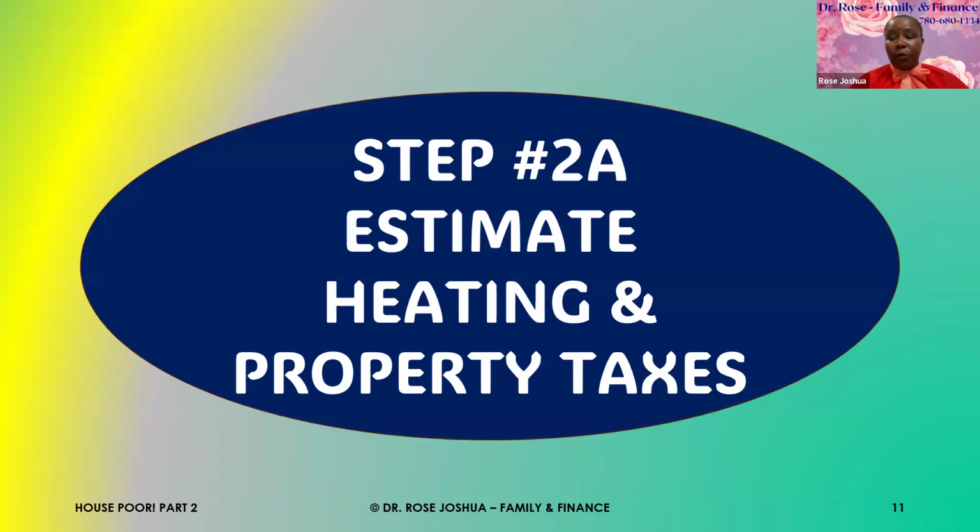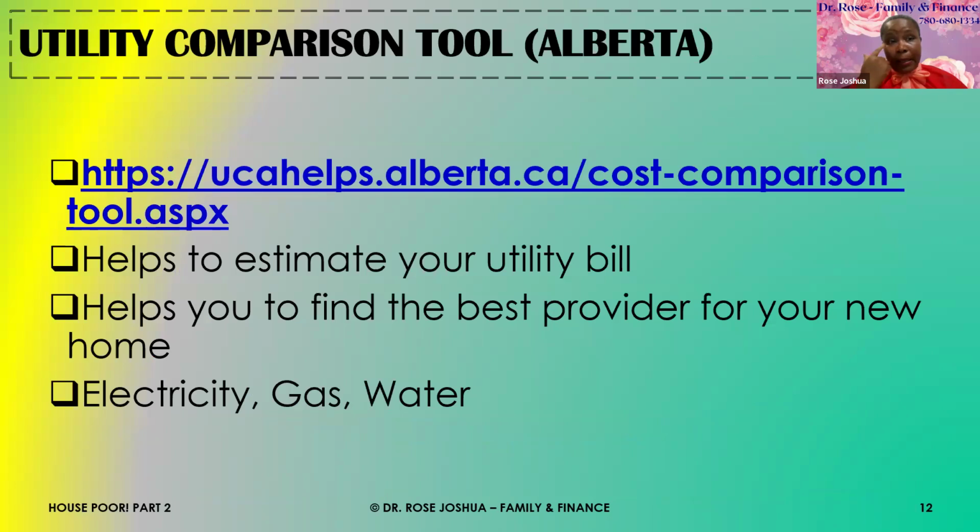So step number 2A, you estimate your heating and property taxes. Okay, so for heating, now in Alberta, we have UCA Helps. There's a cost comparison tool in the UCA Helps that helps us with Alberta bill estimates.